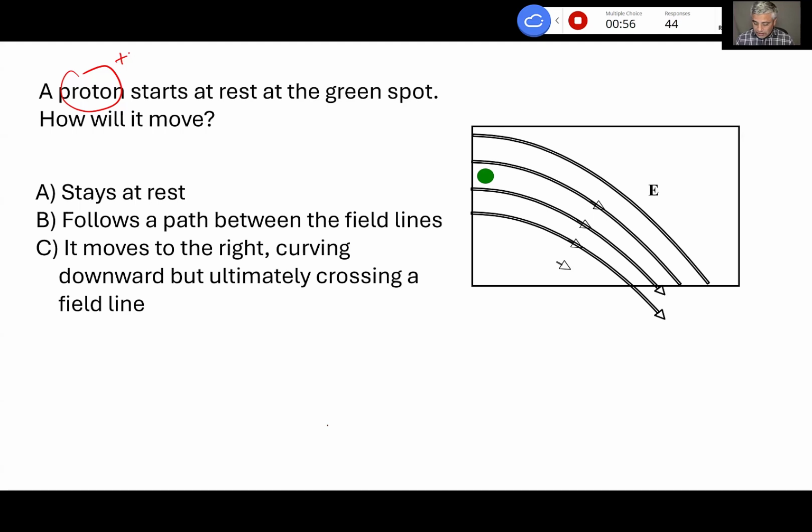Five more seconds. 5, 4, 3, 2, 1, and it stops.